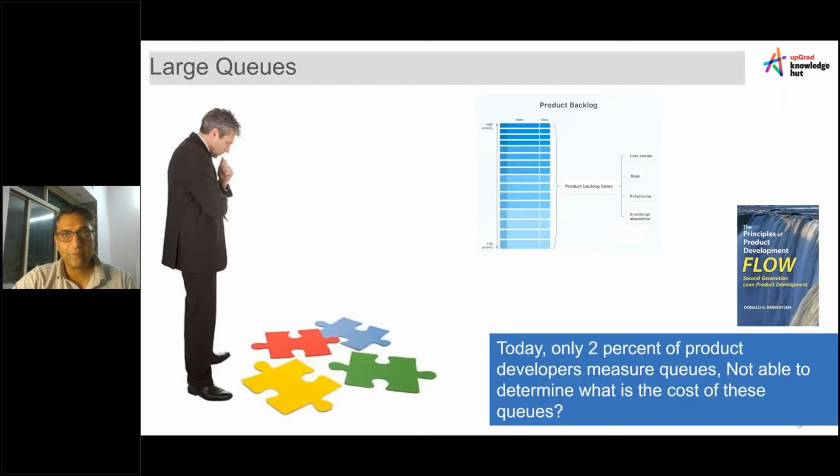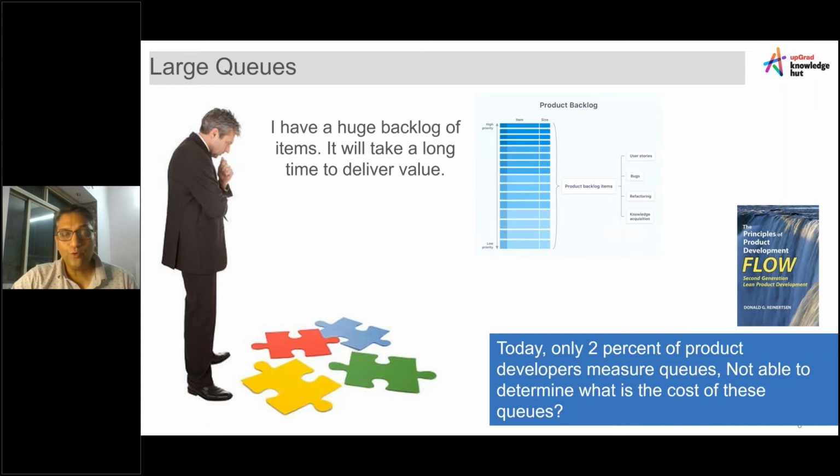Some of you may be coming from product development. Some of you are probably implementers of agile methods. One of the often-faced problems by product managers and product owners is that we have large queues. The queues, the backlogs keep ever increasing.